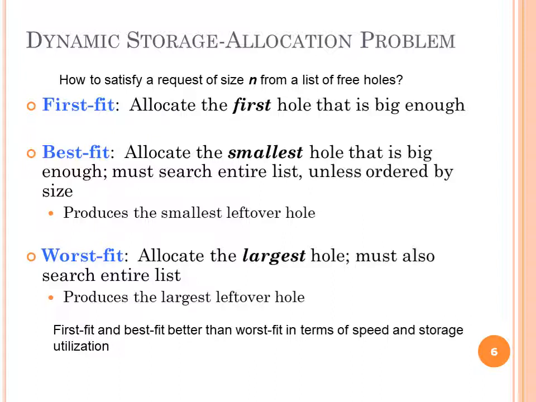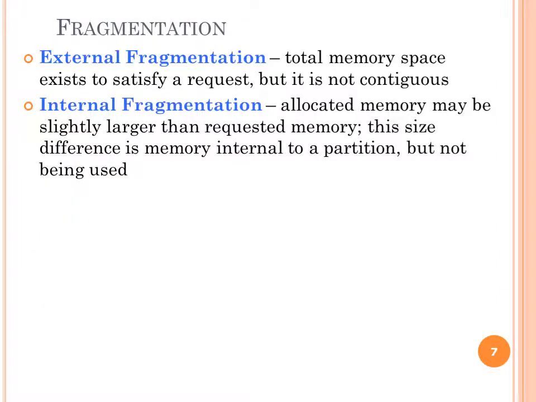We must search the entire list unless it is sorted by size. It produces the largest leftover hole. Normally first fit and best fit are found to be better than worst fit in terms of speed and storage utilization. Now we'll discuss fragmentation.